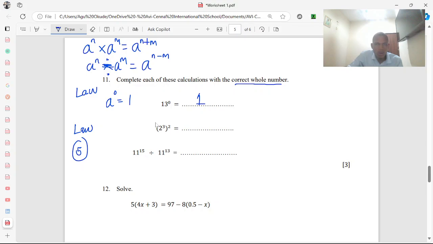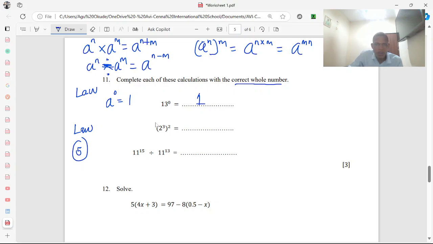Then now the third law is called product law. If you have a to the power of n, then everything now is raised to the power of m again. So which means product law says that you have to multiply the powers. This is n times m, right? So my answer is a to the power of mn. So this is called product law, okay?